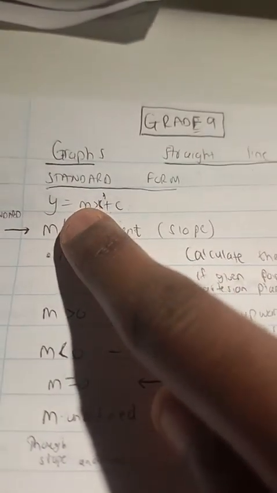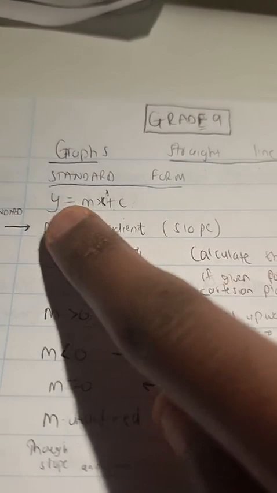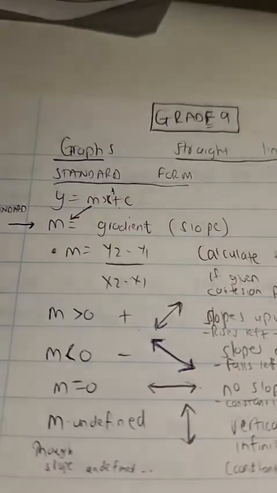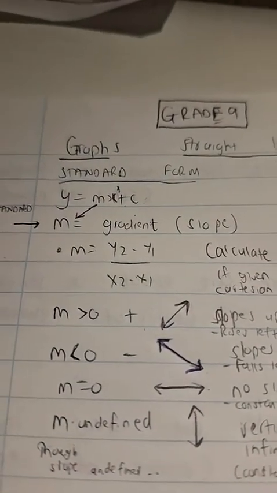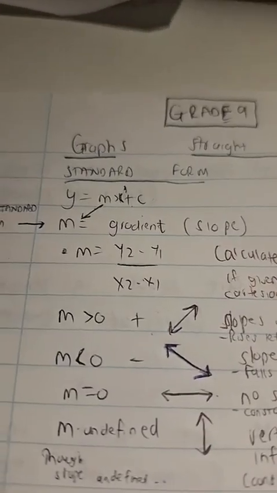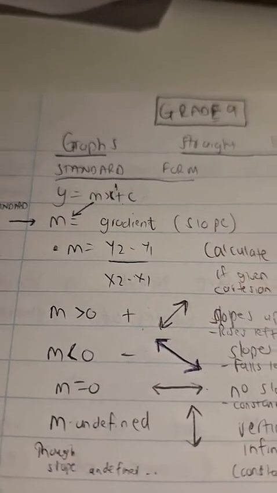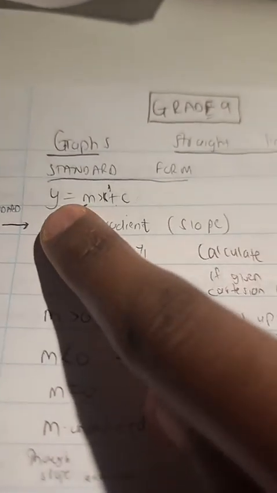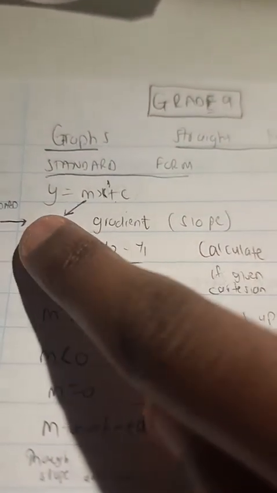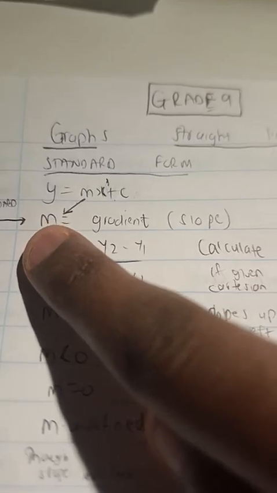Gradient can only be identified when the equation is in standard form. In any other form, we know nothing until the equation is in standard form. Then we can identify the gradient, the value of m.